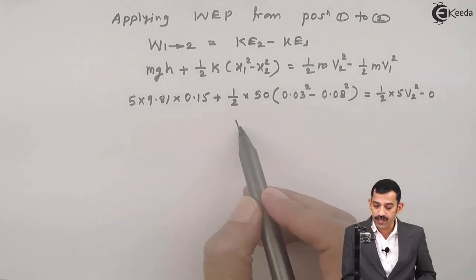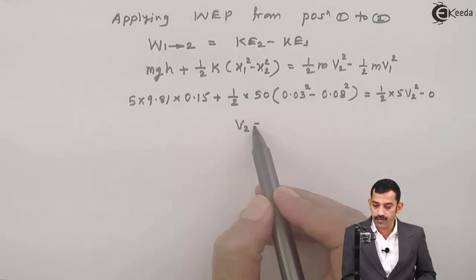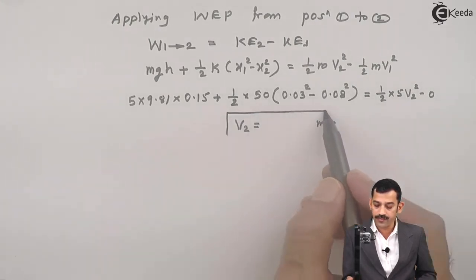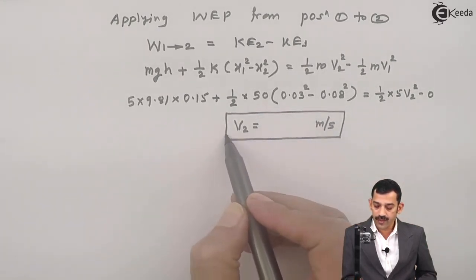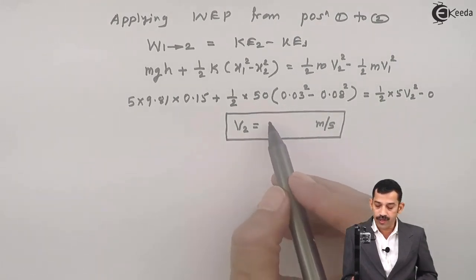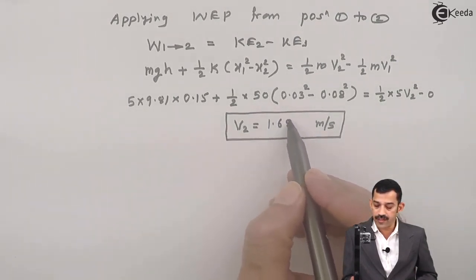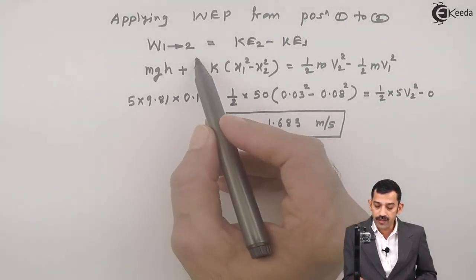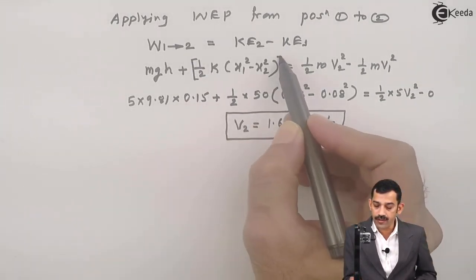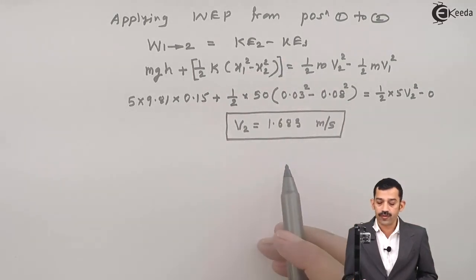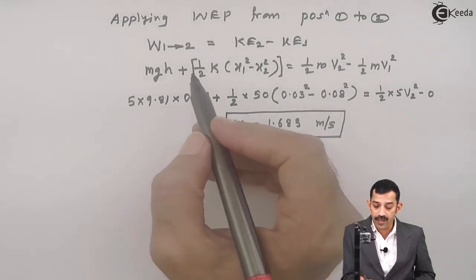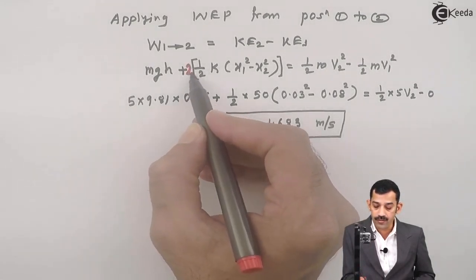Substituting all values, if you calculate the velocity of the ball when it falls through 15 centimeters in the downward direction using a calculator, V2 comes out to be 1.683 meters per second. Now, while solving this problem, this part represents the work done by spring force. But this formula is for the work done by only one spring. Here the number of springs is 2, therefore you have to multiply by 2.